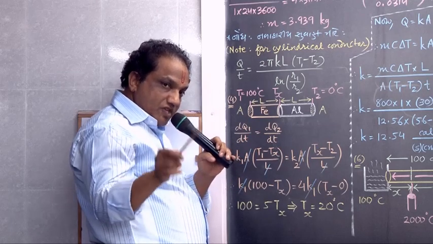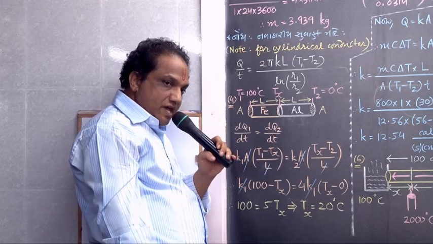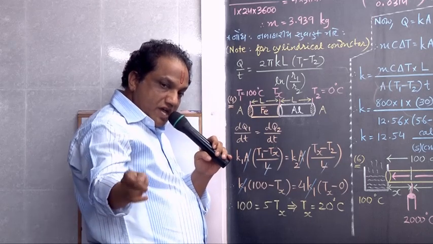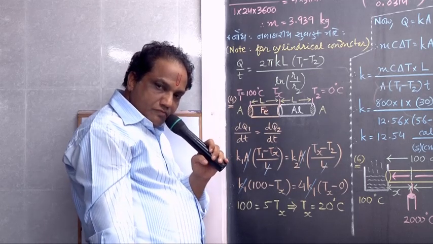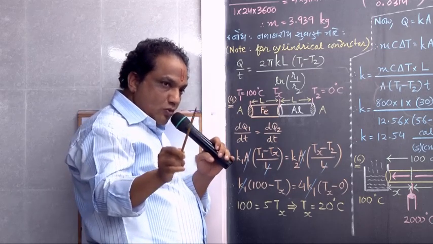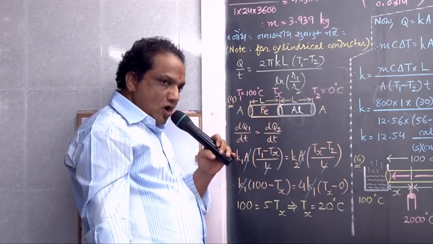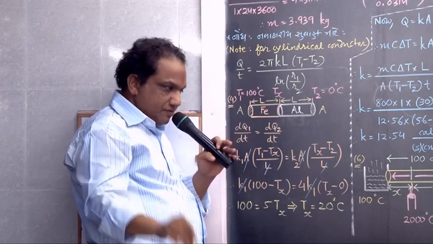But the log table which we have has base 10. So you must convert base e to base 10, and for that you need to multiply by 2.303.